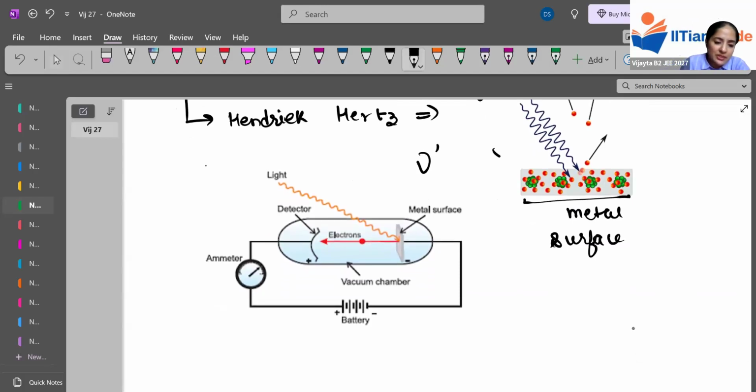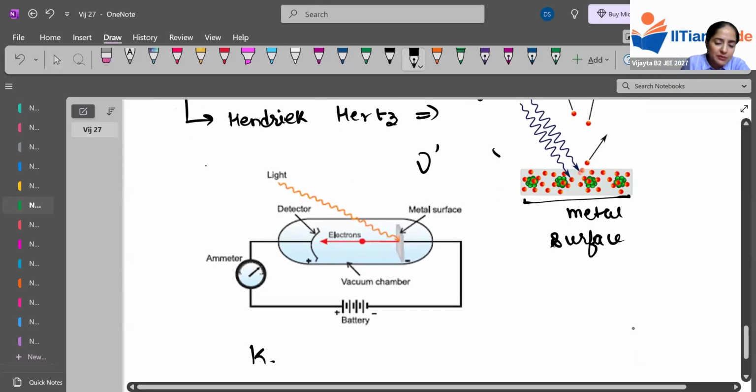The metals of choice here are mostly alkali or alkaline earth metals like sodium, potassium, cesium, beryllium.